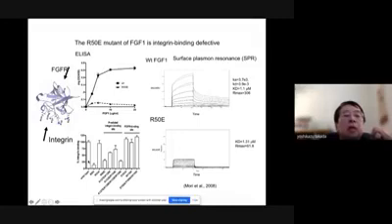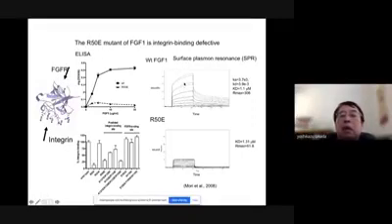Then what we found is that one mutation in the interface, by ELISA, shows that this mutant is very defective in integrin binding, but still binds to the receptor. So this is SPR, Biacore surface plasmon resonance. Do you know that? This is a biophysical way to measure interaction.